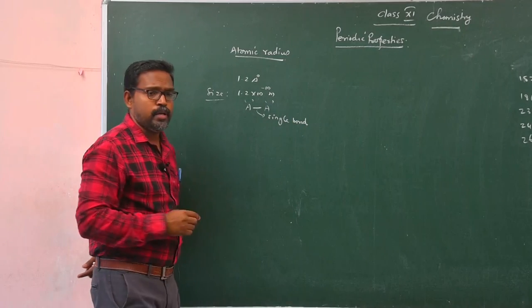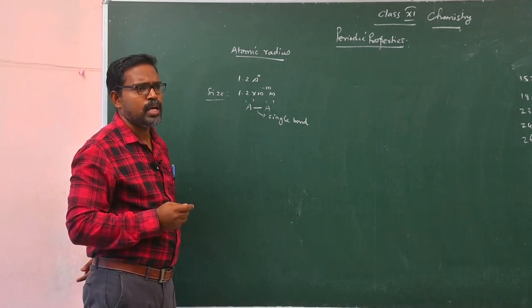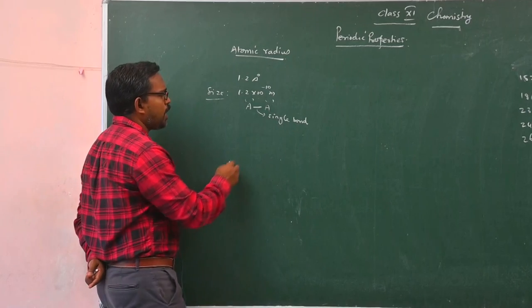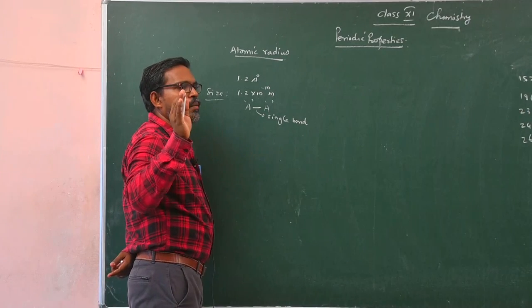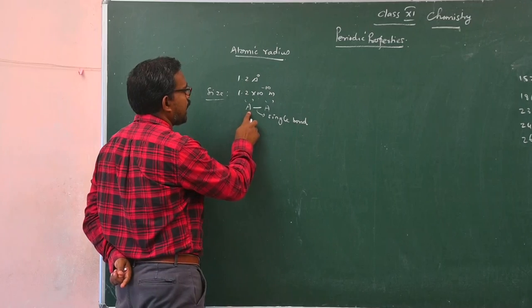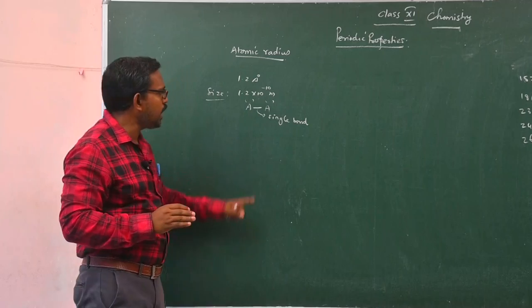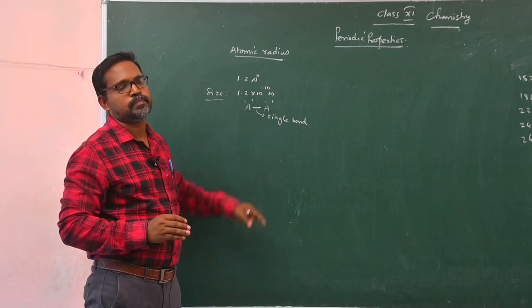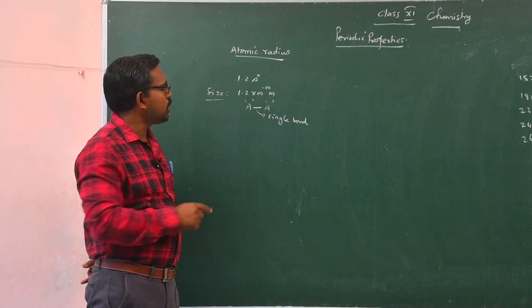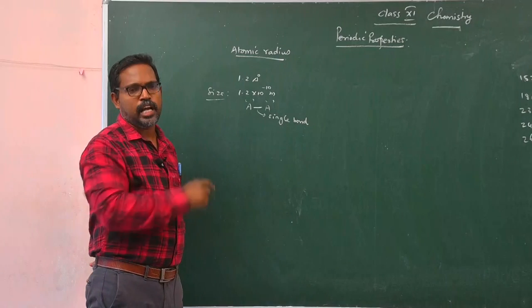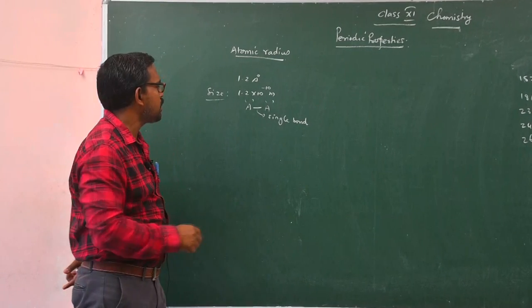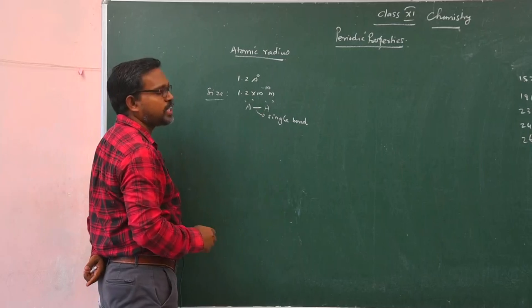This bond may be covalent or it may be ionic. Covalent means A and A are non-metallic in nature. Ionic means these are metal atoms, present in the form of A and A.